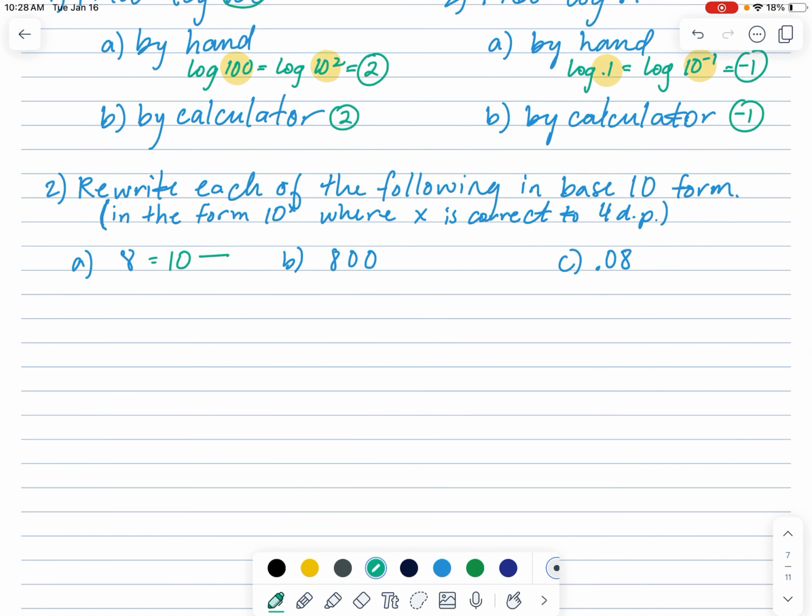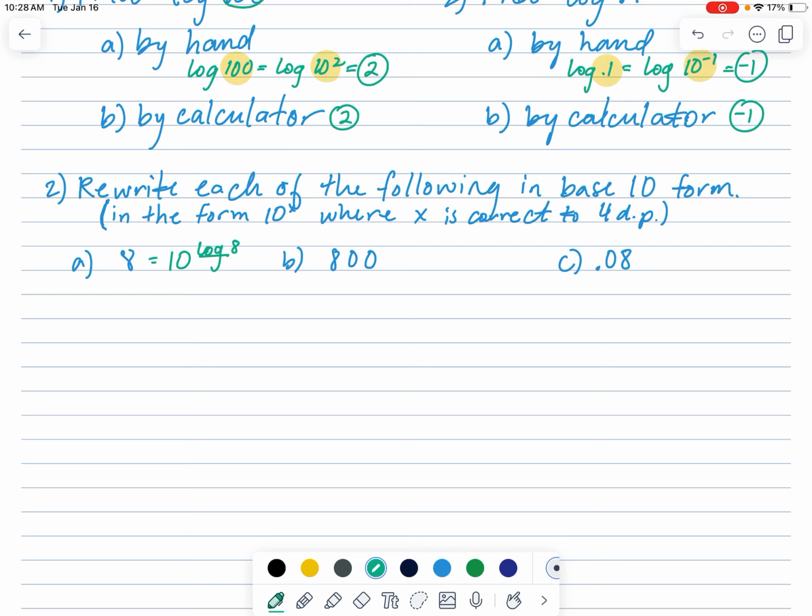So coming back here, if we had log 8 as our power of 10, then the 10 and the log would cancel each other out, and we just have 8. So we are asked to find out, well, what is that power of 10? All you have to do is on your calculator hit log 8.